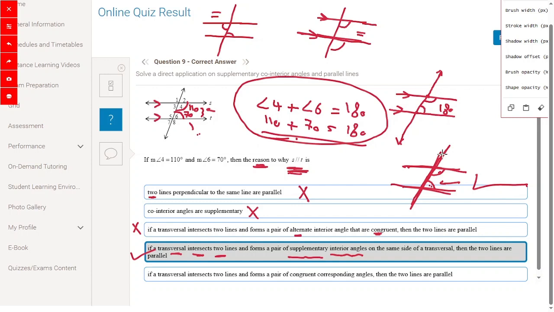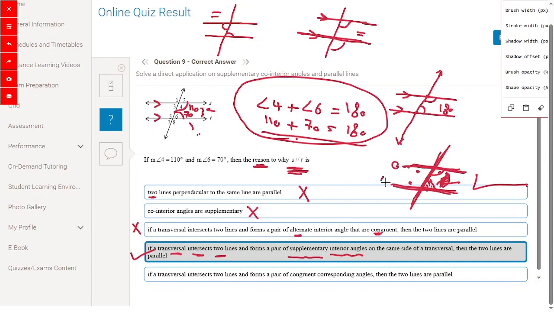So if the transversal intersects two lines and forms a pair of supplementary interior angles on the same side, because we can have an interior angle here and an interior angle here, but not on the same side. So take care. Here we are saying two interior angles that are supplementary on the same side of the transversal, and the transversal intersects two lines.